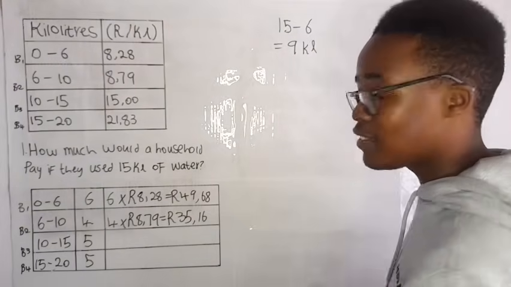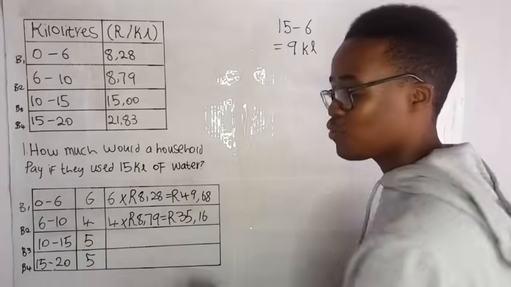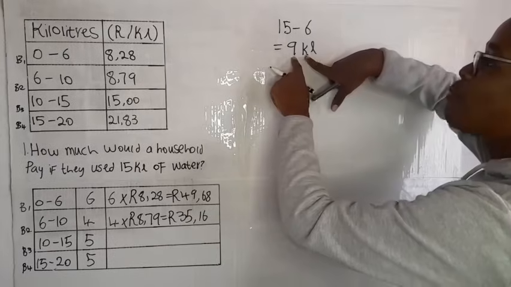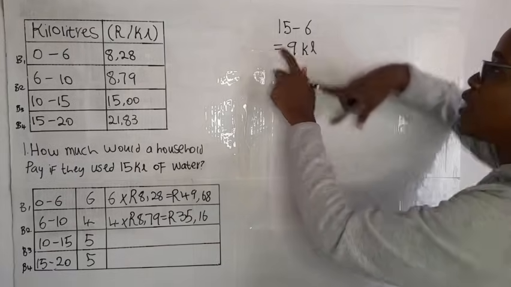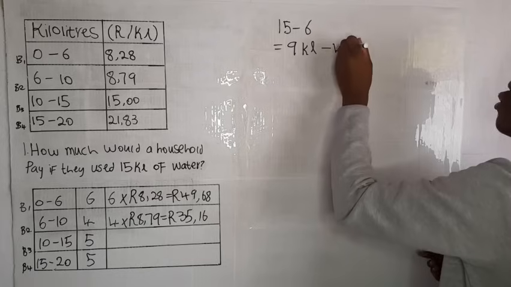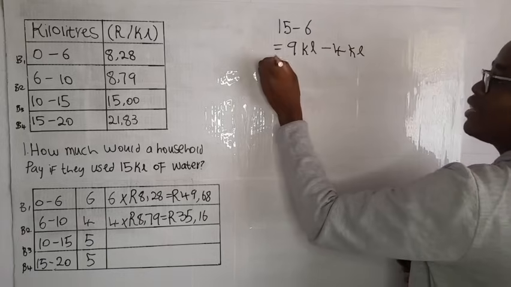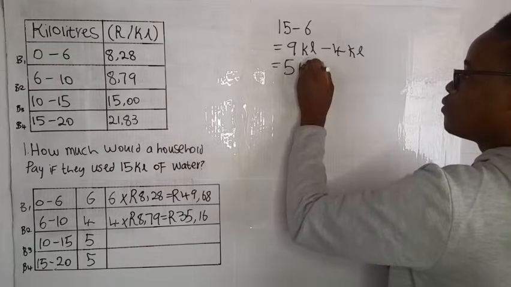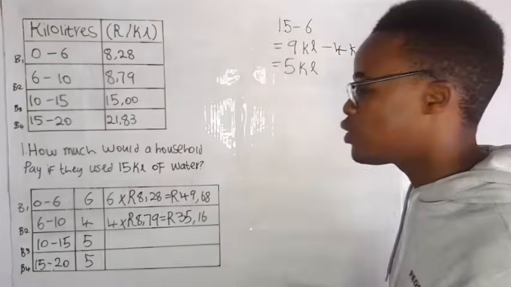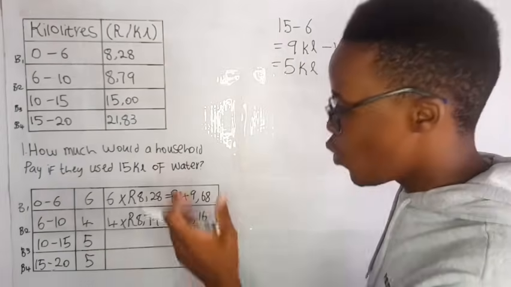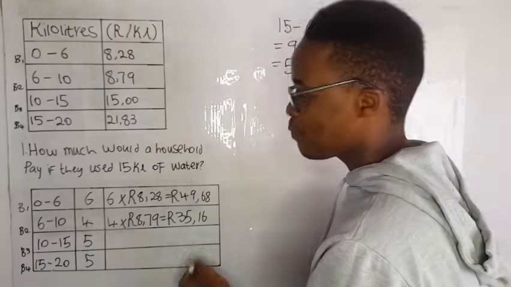Now that we have determined the price for the next 4 kiloliters, we go back to our scribbler. From the 9 kiloliters that we were left with, we minus 4, and that leaves us with 5 kiloliters. So we're only left with 5 kiloliters to determine the price. We are now on block 3.